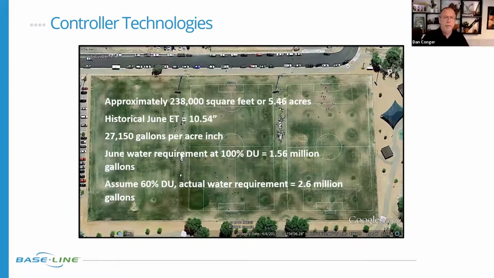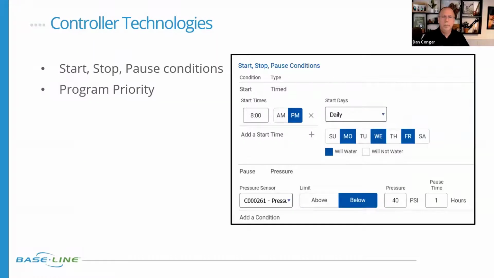Right. Good. Awesome. Well, we've got some other technologies that we wanted to bring up. The one I wanted to show you was start, stop, pause conditions, which we've talked about before. And time and date is a condition in which to start a program, but we can set up any other condition based off of any sensor input.